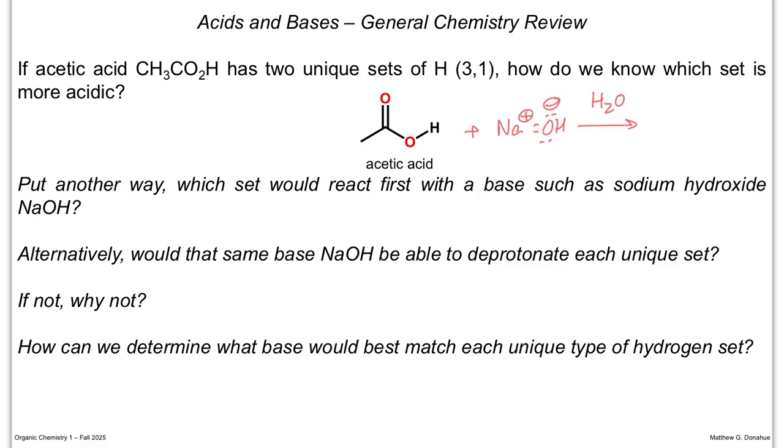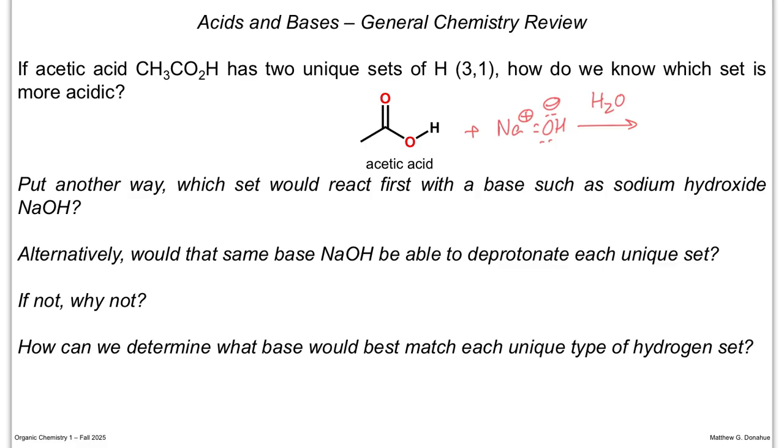So it doesn't mean starting material and product are equal concentrations. So we'll have to wrap our head around that. How can we affect the equilibrium? So remember Le Chatelier's principle, that concept.